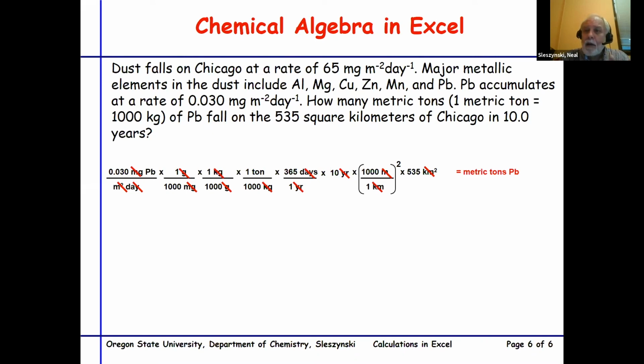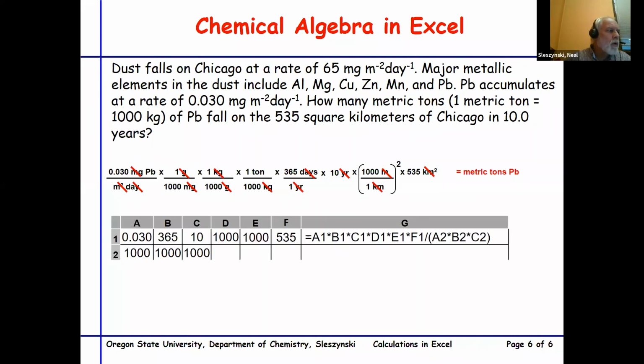Once we have the algebra set up, now's the time to open Microsoft Excel and use it to do a calculation. Well, we are going to go ahead and use the philosophy previously described. I am going to take my data and put each data point in individual cells where I can see it and make sure that I haven't made any typos.